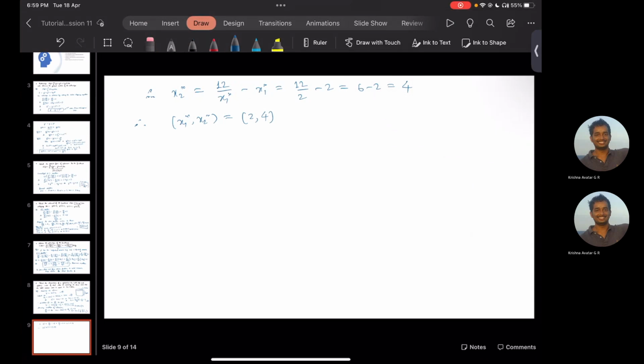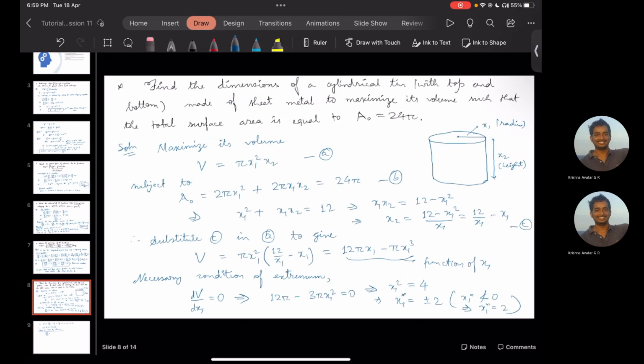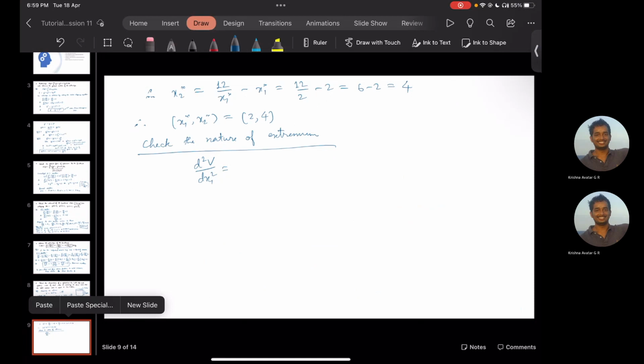Okay. So let's determine whether this extremal maximizes or minimizes our function here, which is V. So let's find the second derivative to check the nature of the extremum. The second derivative of V with respect to x1 squared gives us minus 6 pi x1.